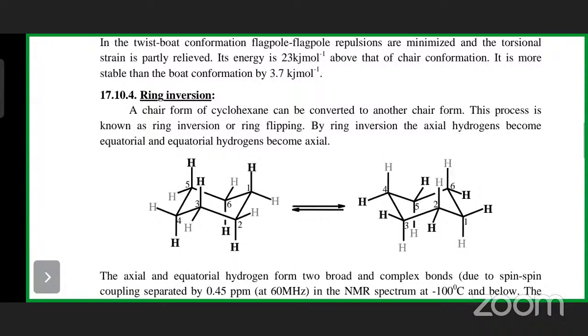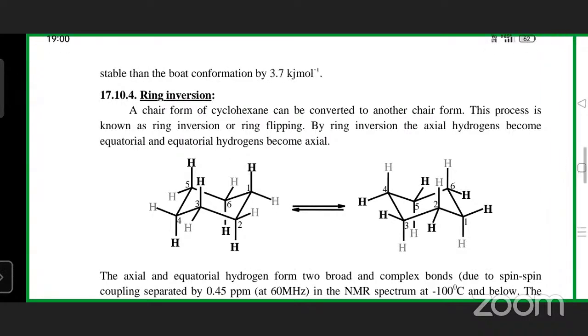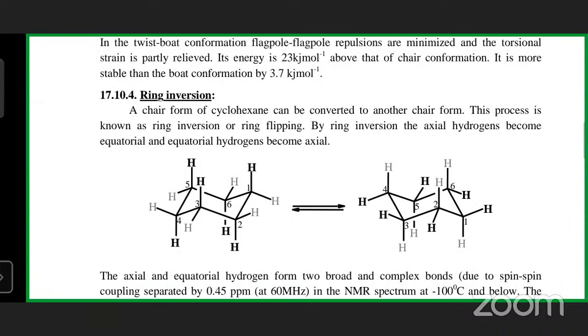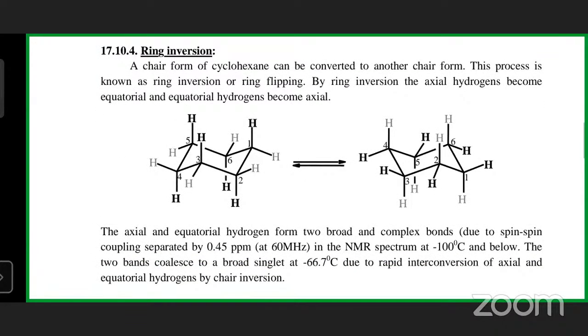In ring inversion, the axial becomes equatorial and equatorial becomes axial. In normal cyclohexane you won't observe any effect, but when bulky groups are there, upon ring inversion you will see the difference. You can explain the stability by doing the ring inversion, because the axial becomes equatorial and equatorial becomes axial.